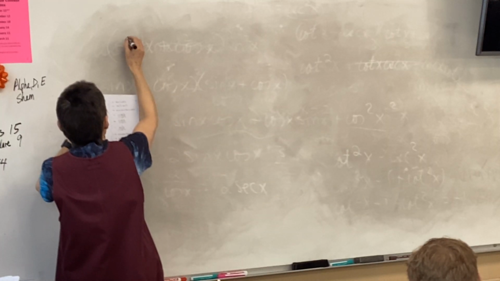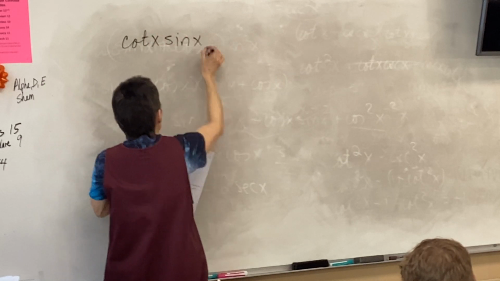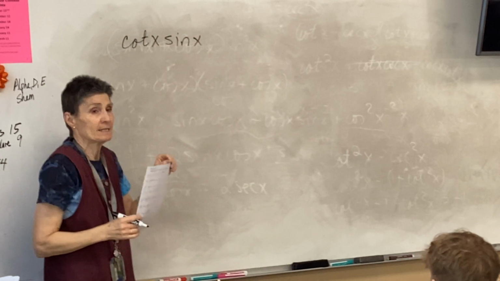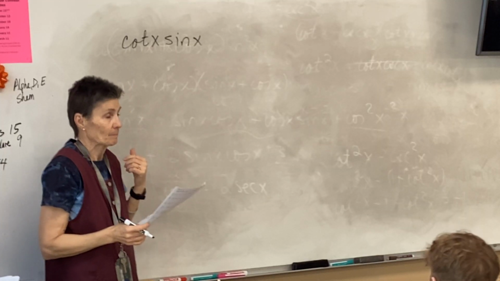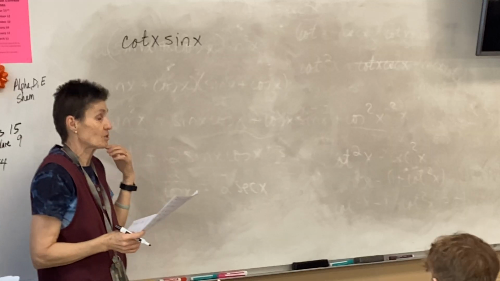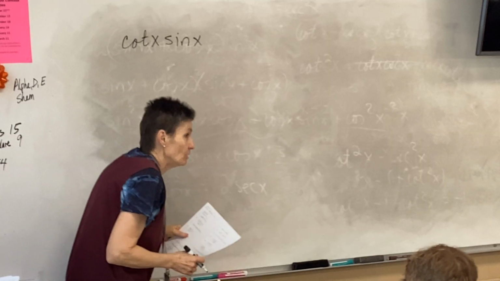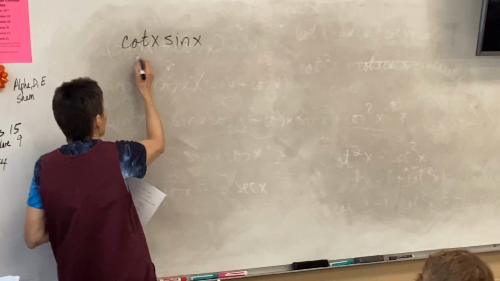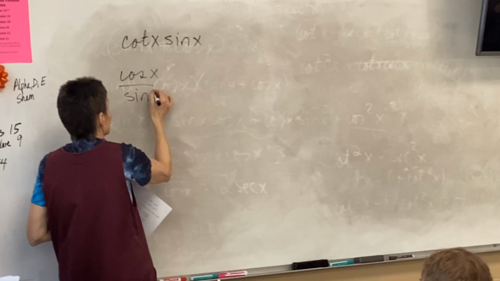All right? So we've done enough of these, you might have an idea. What do you think about this problem? What might be a good way to start? Very good, Abby's got this. She says change cotangent into cosine over sine.